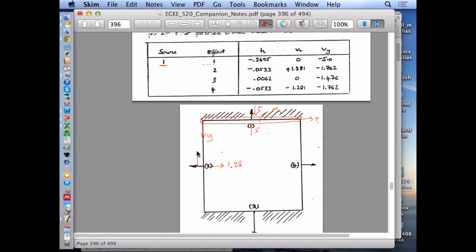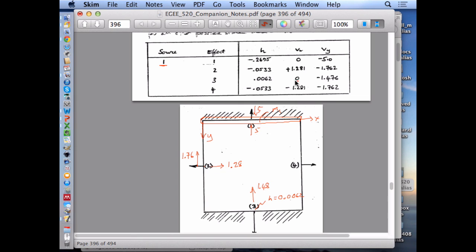So this is a velocity Vy of 1.76. At node 3, the head is equal to 0.0062. And if you look at the velocities, the y velocity is negative. It's 1.47. I guess 1.48.